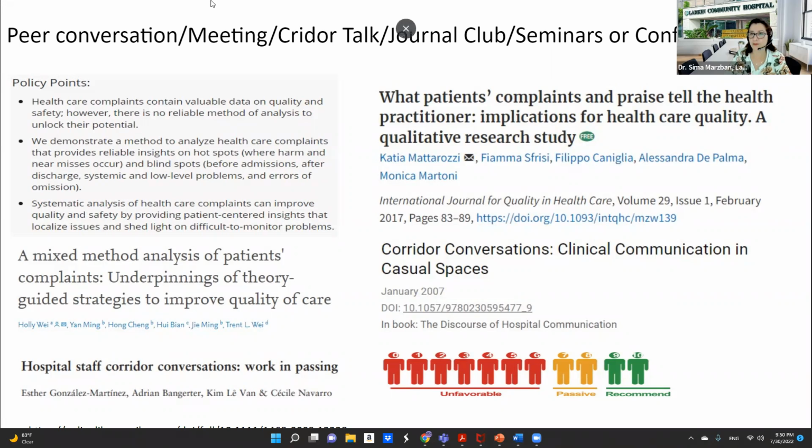The other opportunity that you can find topics for your research is peer conversations, meetings, corridor talks, journal clubs, seminars, or conferences. Try to make notes when you are talking or discussing cases in your educational program, in your didactics. Try to make some notes to highlight and find some topics for research.